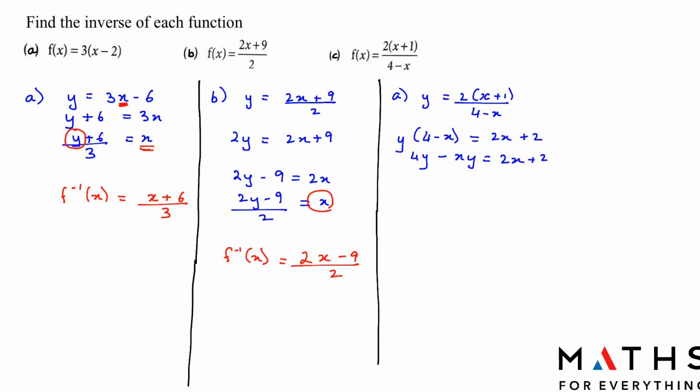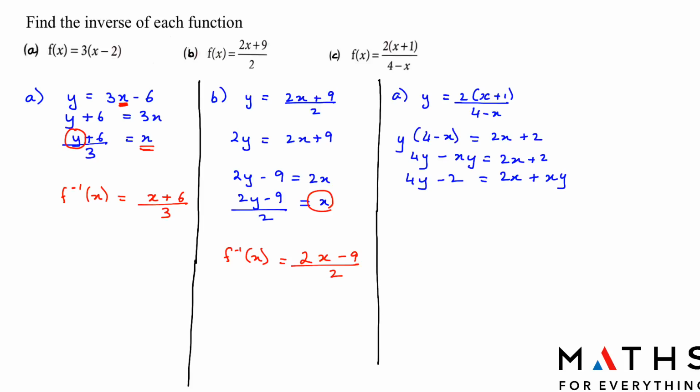After this step, bring all the x's on one side and everything else on the other side. So 4y minus 2 is equal to 2x. This, when we shift to the other side negative xy, it will become positive xy. Sorry, by mistake, I wrote 2y. It will be plus xy.